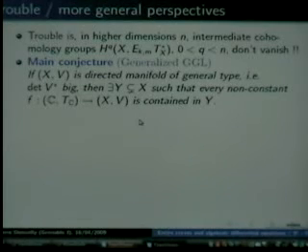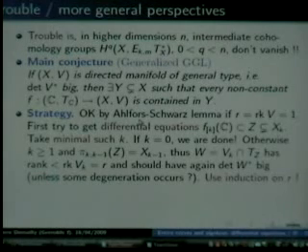So it's the same as Green-Griffiths, but for curves which are tangent to a distribution of subspaces V. And you replace, in that case, the condition that X is of general type by the fact that V is of general type, which means that the determinant of V star should be a big line bundle. So it has positive curvature. And then you have the same conclusion for curves which are tangent to V.